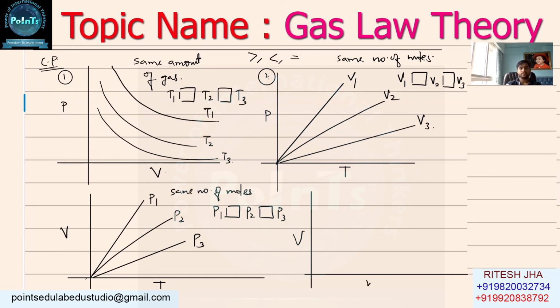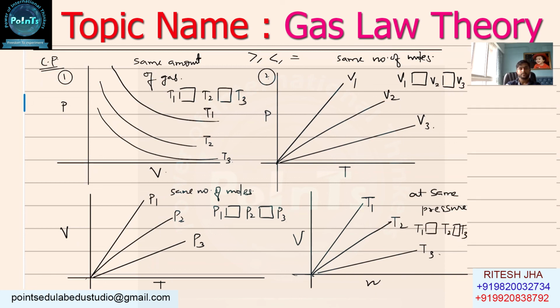And this is V, this is T, with T1, T2, T3 at the same pressure. So T1, T2, T3.